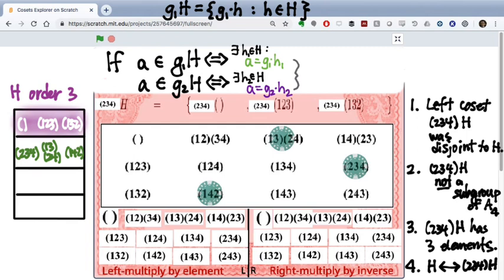Right? So this is going to tell me that G1H1 equals G2H2.